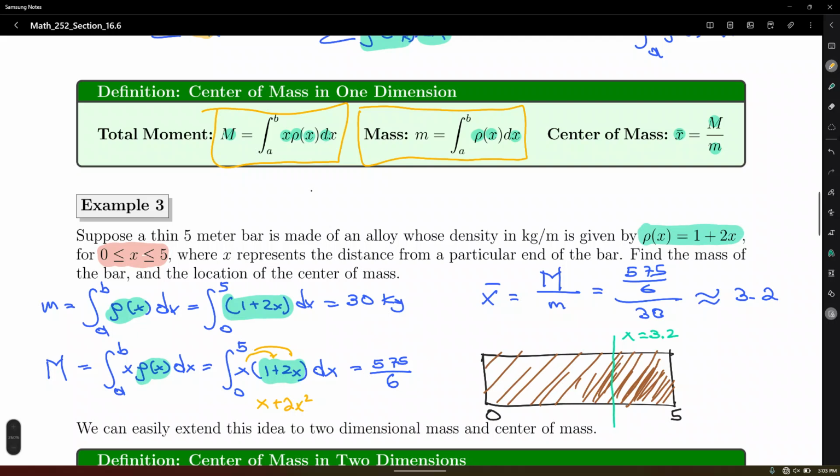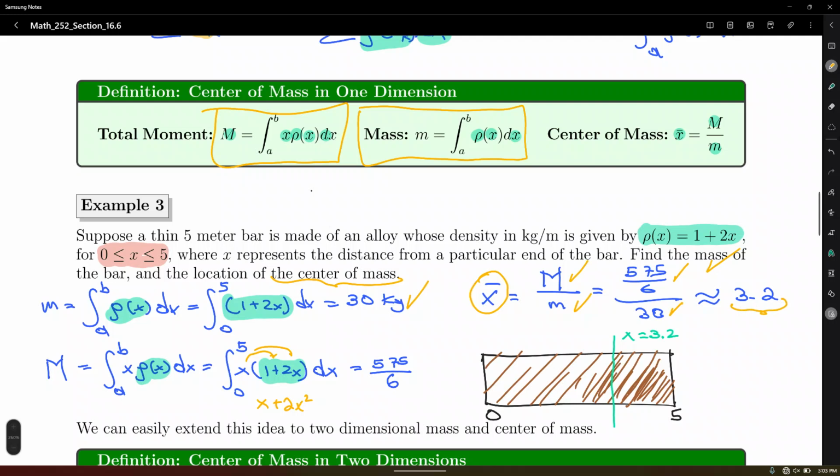We have the mass, and now we need the location of the center of mass. How do we get it? By evaluating the quotient of the total moment divided by the total mass. The moment we calculated in the second integral, 575 over 6, divided by 30 kilograms, is approximately 3.2.